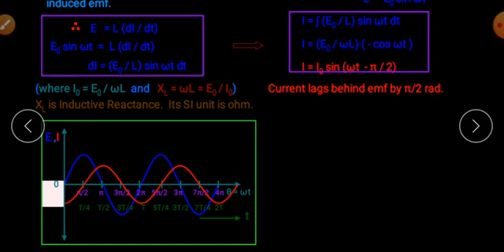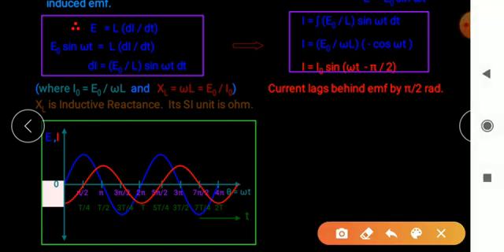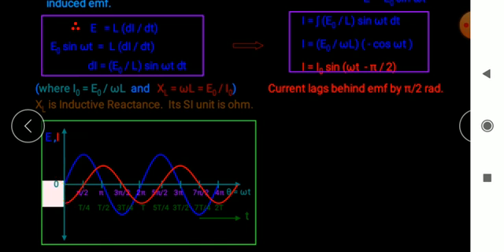In this graph we see that at this point E equal to 0 while I is maximum, and at this point E is maximum and I is 0. It means the current lags behind the EMF by a phase angle of pi by 2, right?